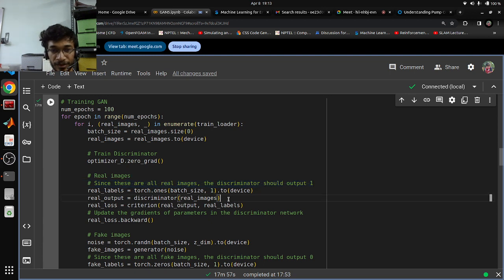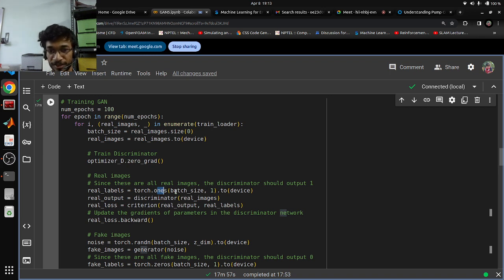The output of the discriminator is this real output variable, and we check it against these real labels, which are all ones.